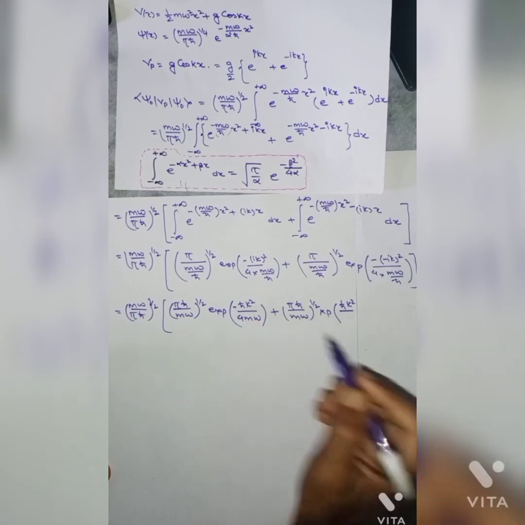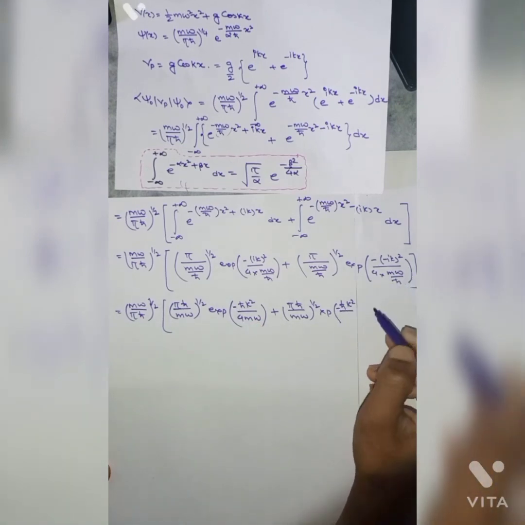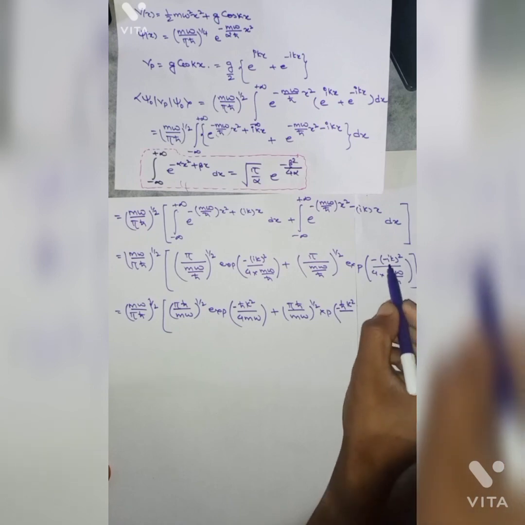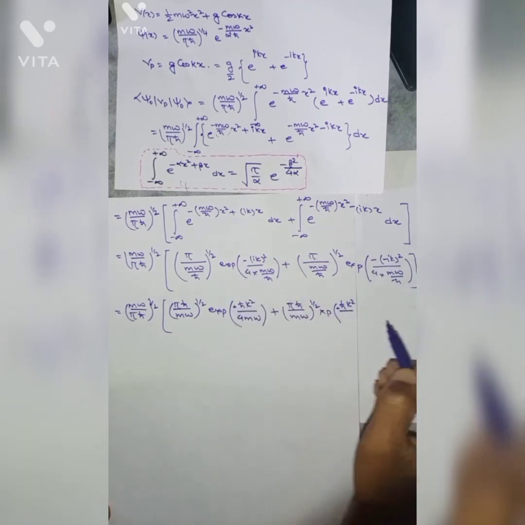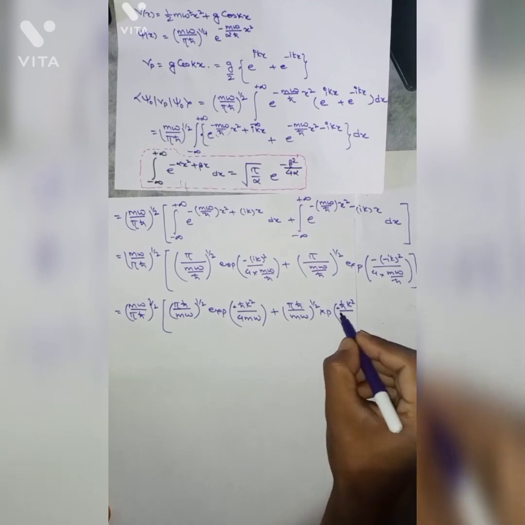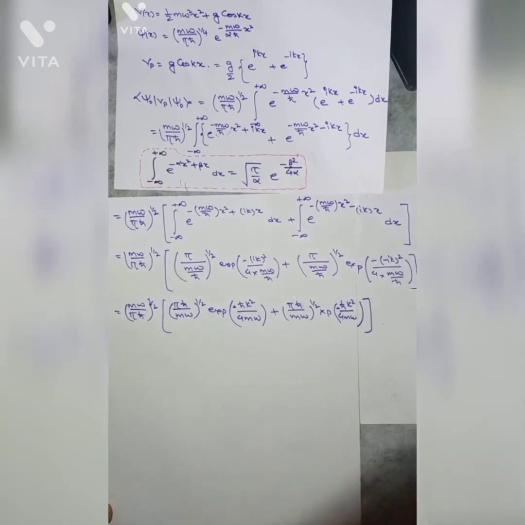Oh, there is a negative term: iota squared gives negative, and that negative with this negative will give a positive sign. I was correct. And then k squared upon 4mω, and the bracket is closed.